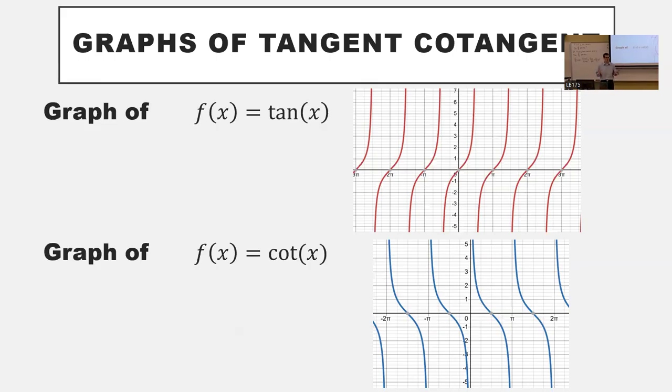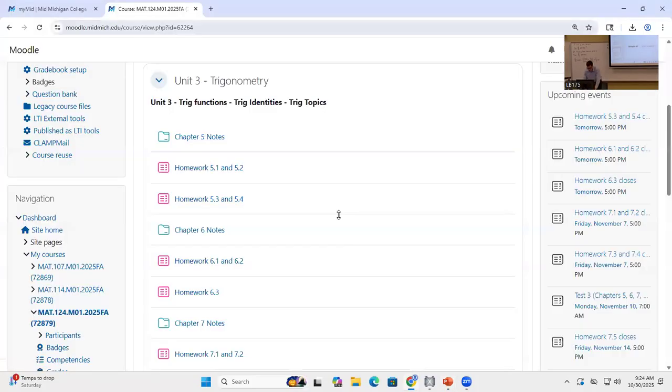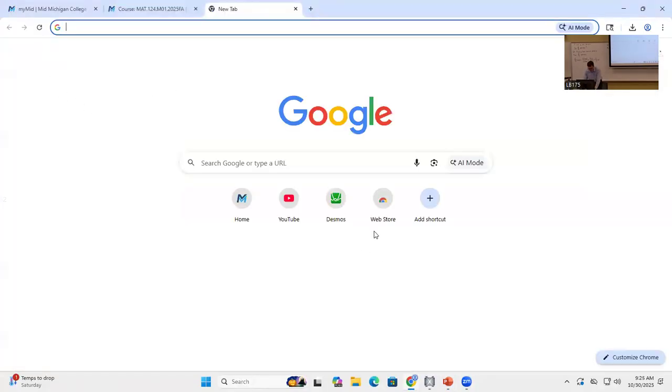So we get tangent and cotangent. These are the graphs of tangent and cotangent. Let me graph that on Desmos just for a second.